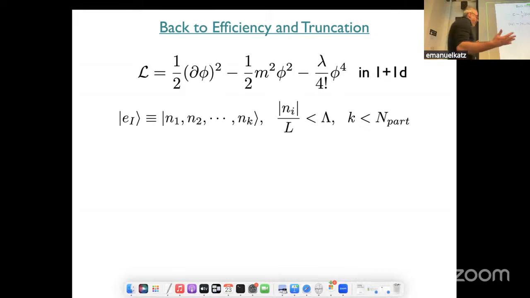By the way, as promised, when you do the computation this way, you are preserving momentum. The idea is you're putting this theory on a circle, and in this context momentum is conserved. So that's one of the advantages of this method.